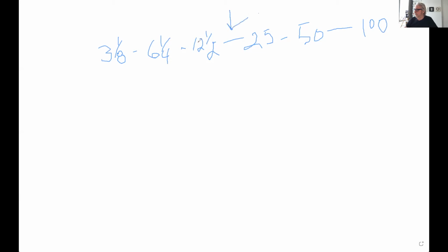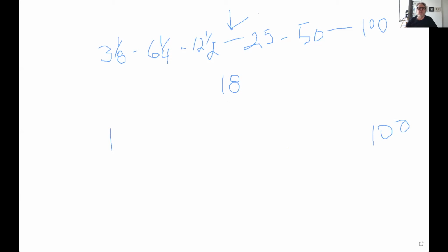What is exactly halfway between 12 and 25? 18. This is why 18% gray is middle gray, because it's the middle of a logarithmic scale, not a linear one. If we had 1 to 100 on a linear scale, 50 would be the middle part of it.